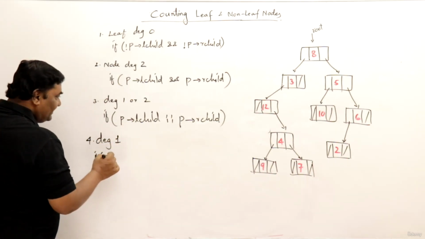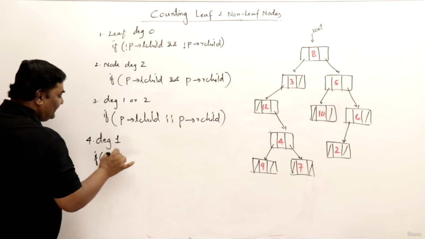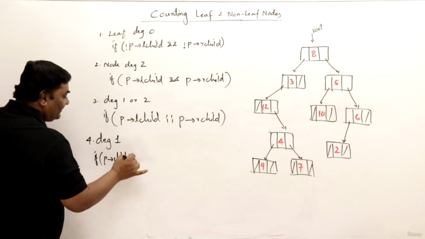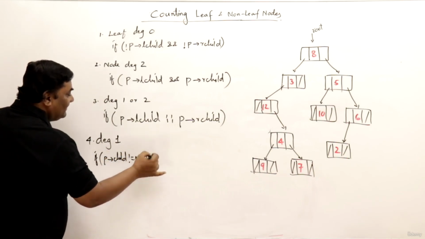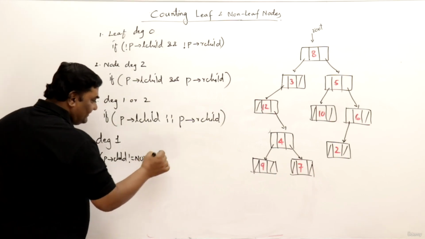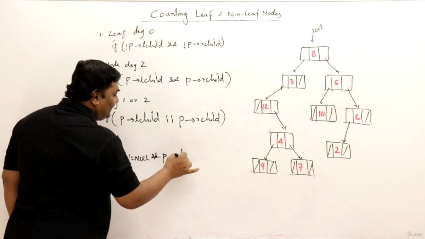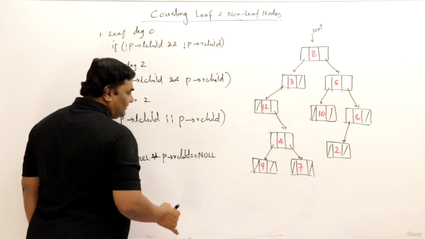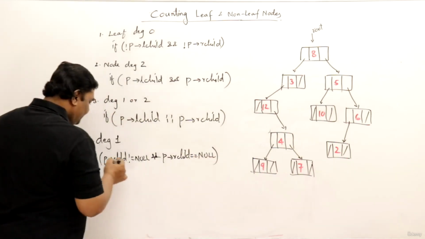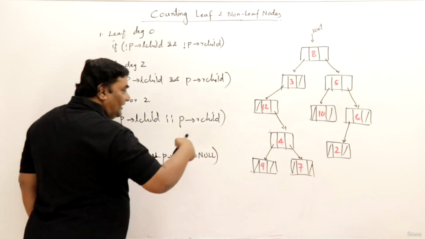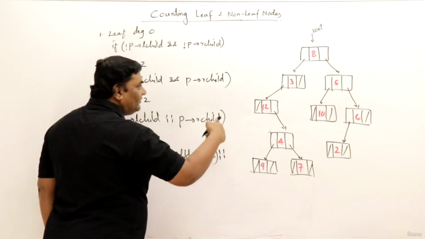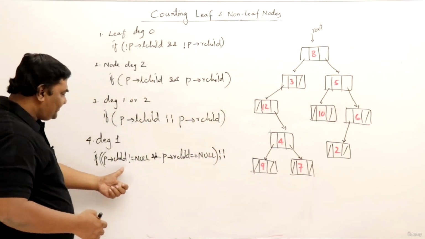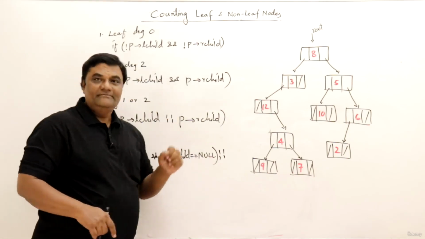So the condition is: if P's L child is not equal to null, then definitely P's R child should be equal to null. Right? This is one condition, so I'll put it in a bracket. Or the second part: if P's left child is null, then this should not be null.